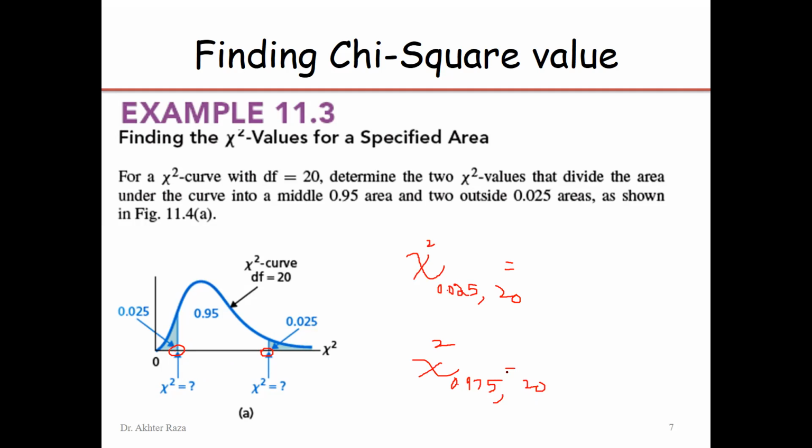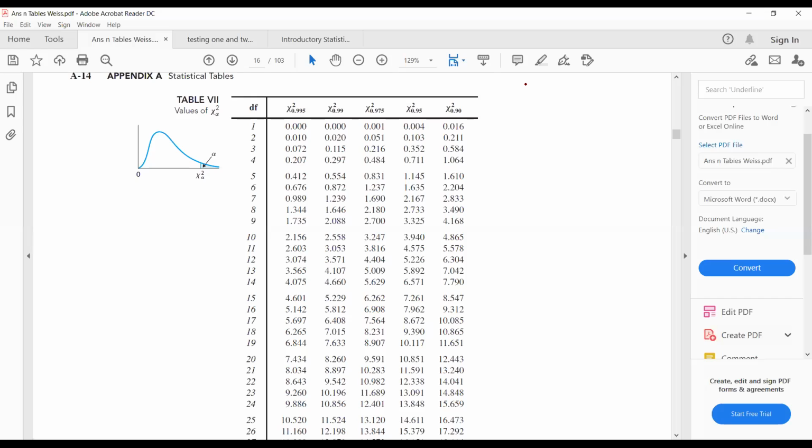So these two numbers are to be obtained from the chi-square table. So chi-square 0.025 at 20 degrees of freedom.